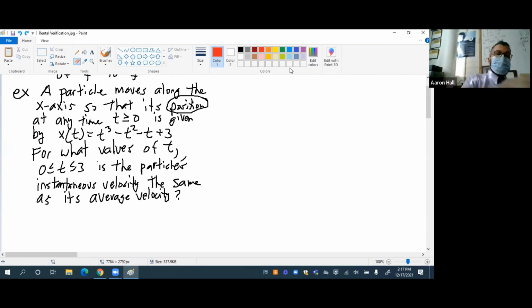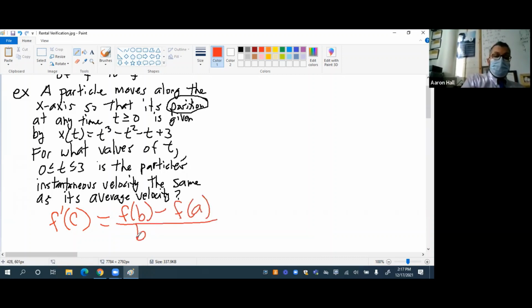To summarize, the mean value theorem looks something like this: there is a derivative at some value c that is equal to f of b minus f of a over b minus a. Does that look familiar?